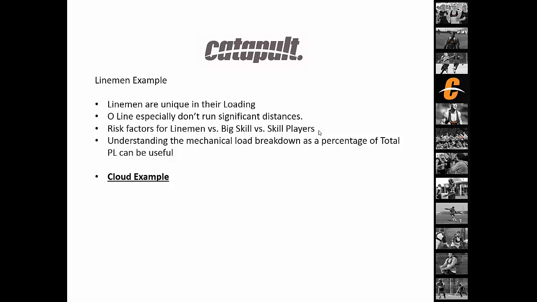So where I'm going with this is, with the same thought process in mind that we had for the player load banding earlier, we can look at a very similar capacity for these linemen. What we want to see for linemen is generally repetitive, high player load contribution to their total player load.